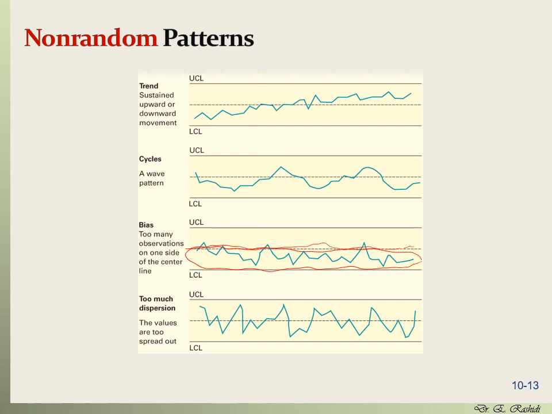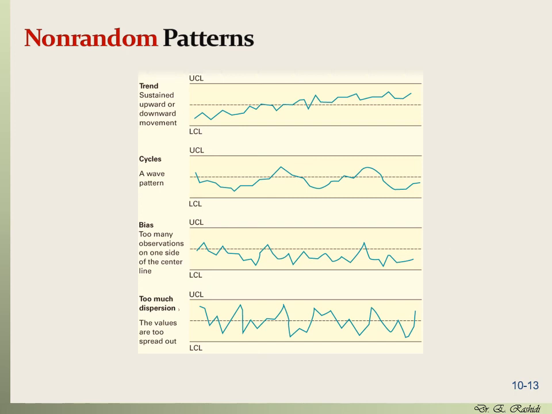So this is unnatural. There is a concentration of data points below the mean. This is another pattern, so this also would not pass the run test. The run test would flag this.